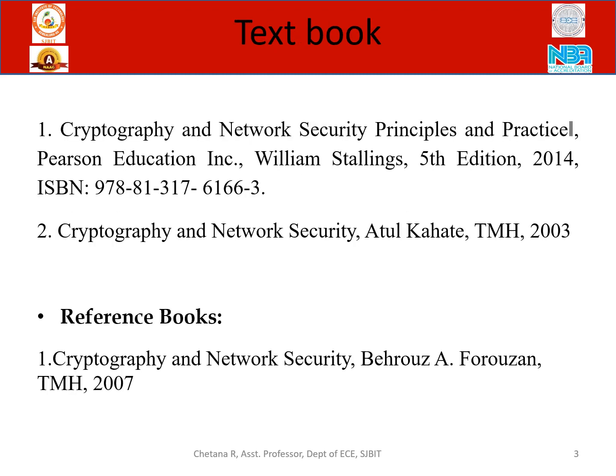The textbook and the references are shown here. We have Computer and Network Security: Principles and Practice by Pearson Education, the author is William Stallings, a 5th edition. Along with this, we have Cryptography and Network Security by Atul Kahate, 2003 edition, TMH.